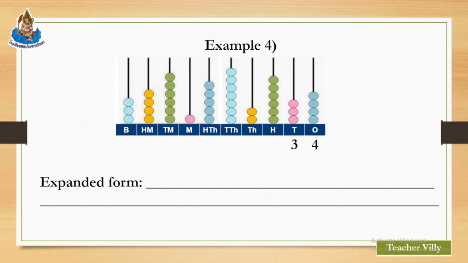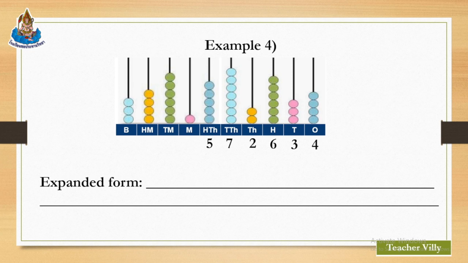Right, it's 3. What about in the hundreds place? Right, we have 6. What about in the thousands place? Correct, it's 2. What about in the 10,000s place? We have 7. What about in the 100,000s place? Alright, it's 5.